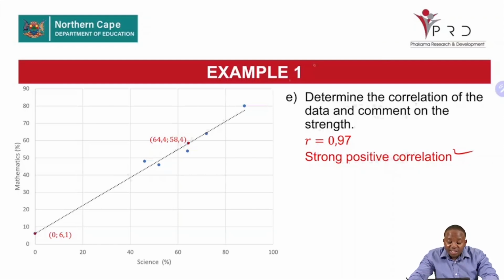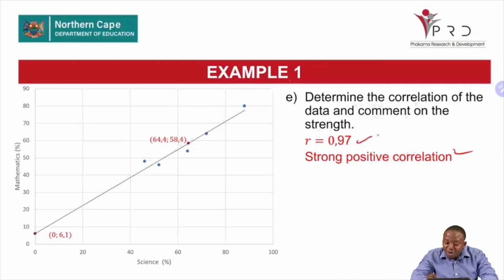Now, in most cases, we'll use this R when we look at the reliability of this equation. So in most cases, what we're saying is when our R is strong, then the estimated values we can get from our equation, the equation of the line of best fit, will be more reliable.